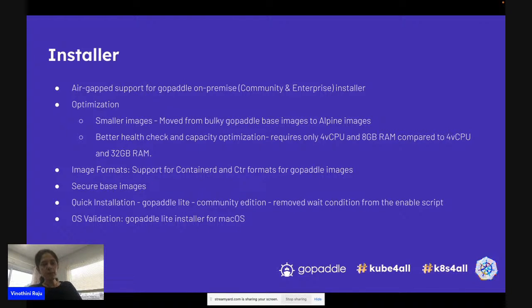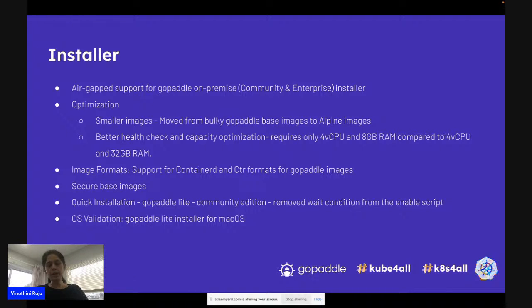And we have optimized the whole installation process. We have made all our images lightweight. We have moved from Ubuntu-based images to Alpine images, and we have improved the health check and capacity optimization. Earlier we needed a minimum of 32 GB RAM.